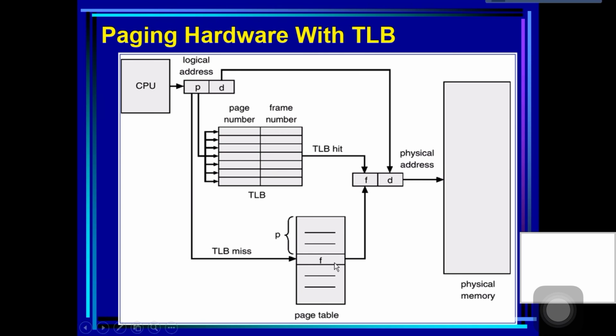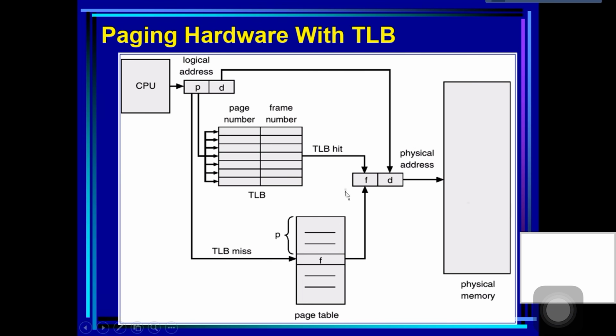It also has to reload this item into the TLB. At the same time, replace the logical page number P with the physical frame number F, and get the one-dimensional physical address to access physical memory.